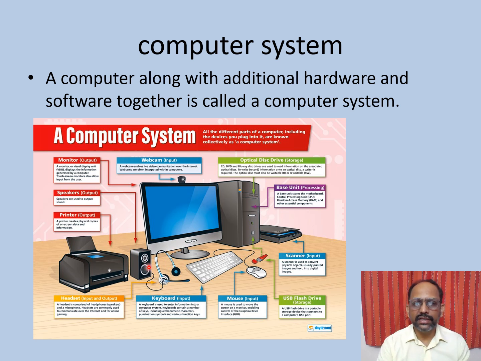There is a speaker connected to the computer that makes the computer system. There is a web camera connected to the computer that makes the computer system. We have a mouse, keyboard, a monitor, and a scanner. All these things are connected to a computer that makes the computer system, which is all visible.